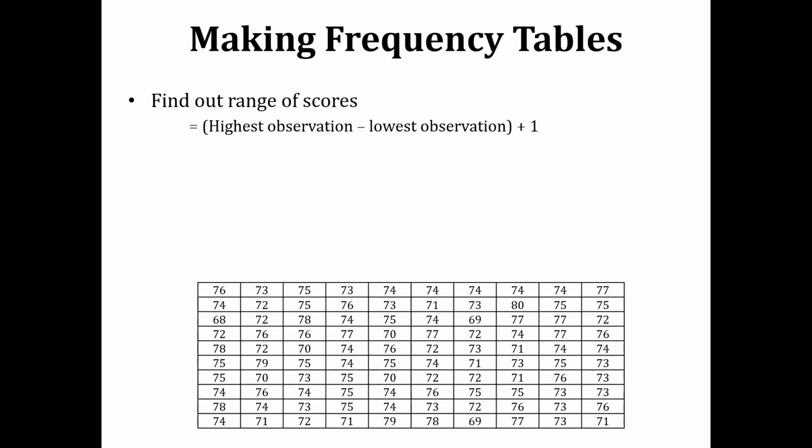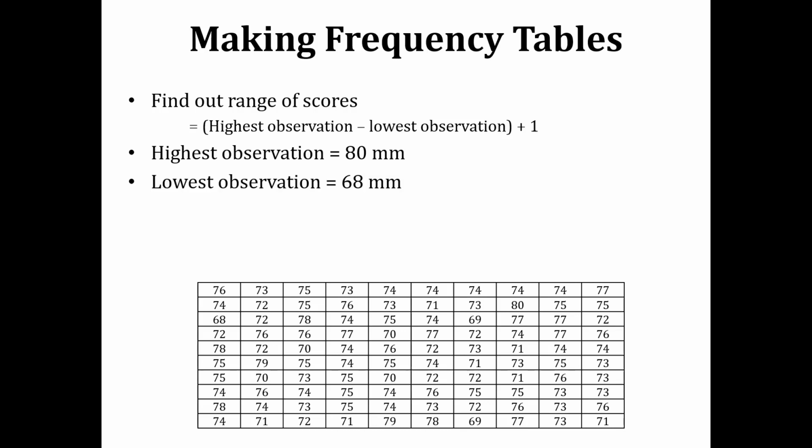Now, for making the frequency table, first of all, we have to find out the range of scores. What is the range of scores? It is the highest observation minus the lowest observation plus 1. This is basically the number of unit steps present in this set of observations, the spread of observations in our data. The highest observation in this data is 80 and the lowest observation is 68.